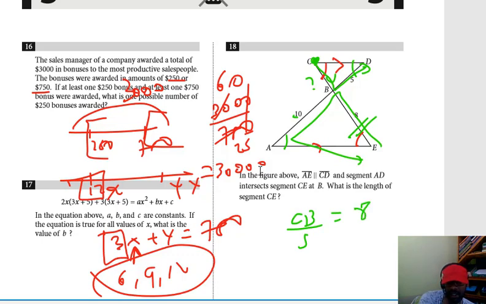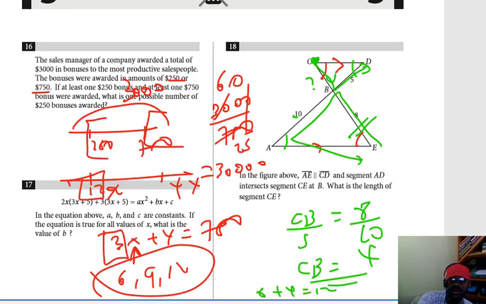EB is 8 over BA, which is 10. If you multiply both sides by 5, you will have 4. CB is 4. Since you asked to find CE, 8 plus 4 will be 12. Okay, the answer is 12.